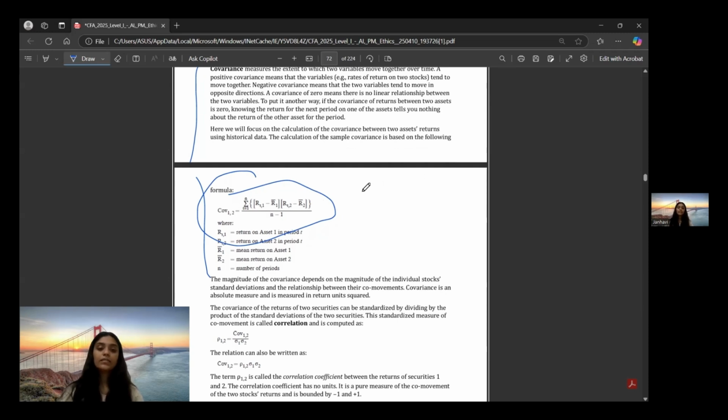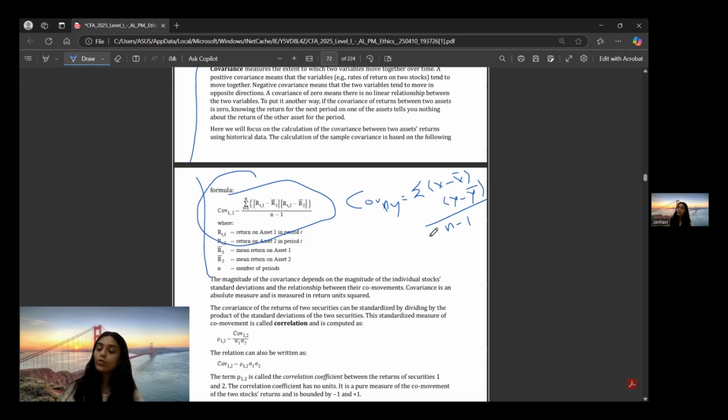Covariance of asset X and Y is equal to summation of (return on asset X minus mean of returns of asset X) into (return on asset Y minus mean of returns of asset Y), divided by n minus 1. So this is the basic formula of how to calculate covariance.